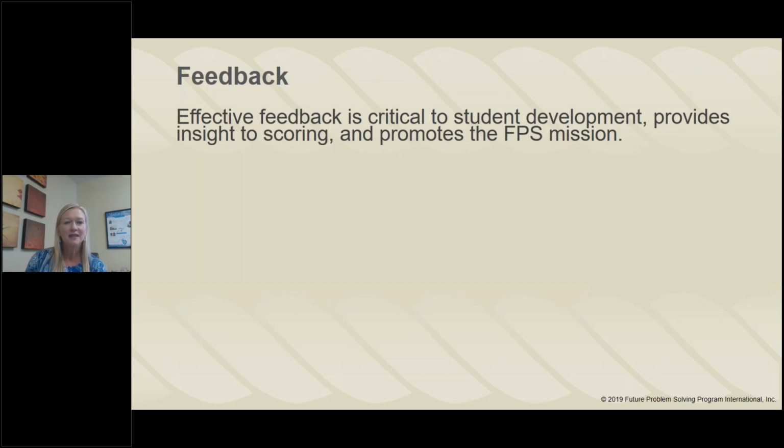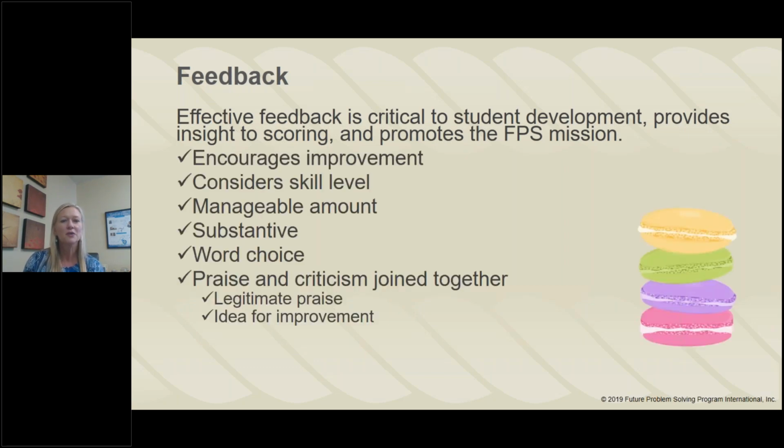We want to give them insight to the scoring, and we want to help them achieve higher levels of critical and creative thinking to promote problem solving, and that is part of our mission that we're aiming to seek with our students. We want to encourage ways for them to improve.